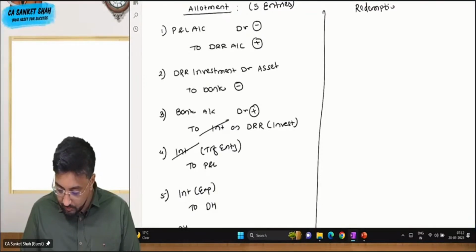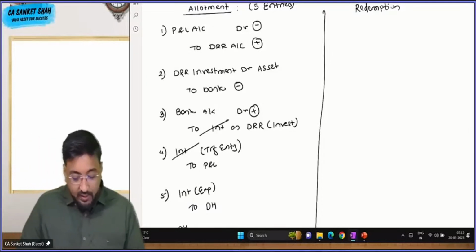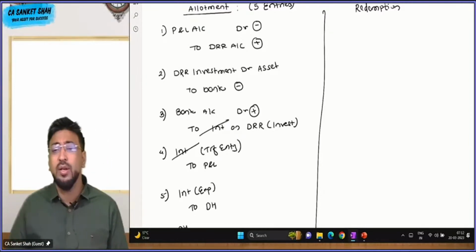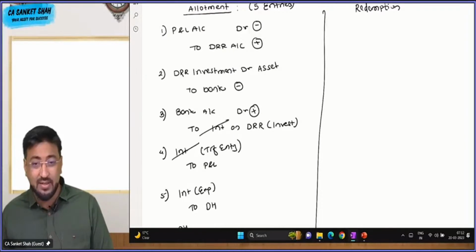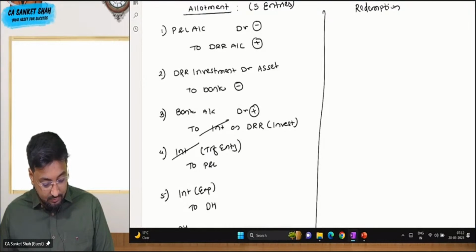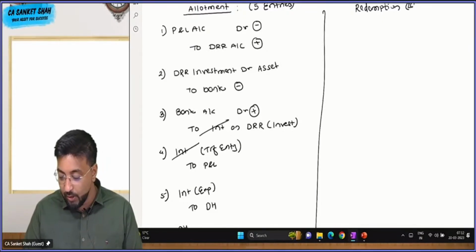Redemption, how many entries are there? भूमिका, कम इंटरेस्ट एंड लास्ट इंटरेस्ट आपको याद ही होगा. एक लास्ट टाइम आपने किया था. कम इंटरेस्ट मींस इंक्लूडिंग इंटरेस्ट. कम मींस इंक्लूडिंग, एक्स मतलब एक्सक्लूडिंग. इट्स वेरी सिंपल. एक्सक्लूडिंग इंटरेस्ट, we are always showing our debentures at ex interest. Okay, so when we are showing debentures, it is always at ex interest. No beta, हिमांशु रिडम्पशन के 4 एंट्रीज आर देयर. हिमांशु 4 एंट्रीज.